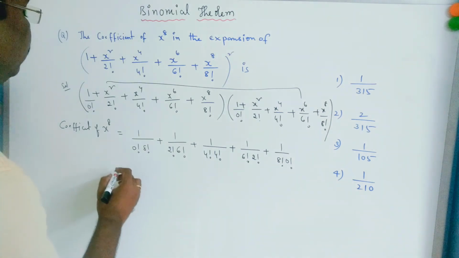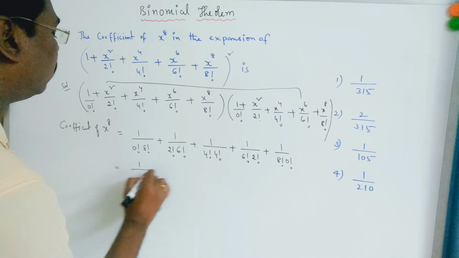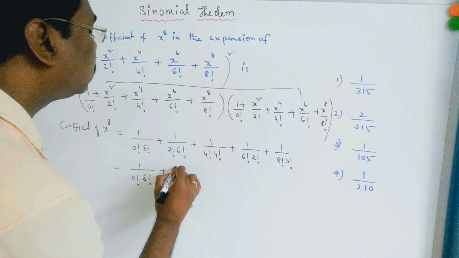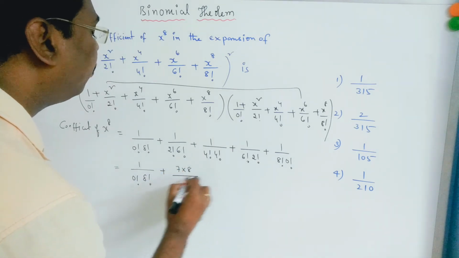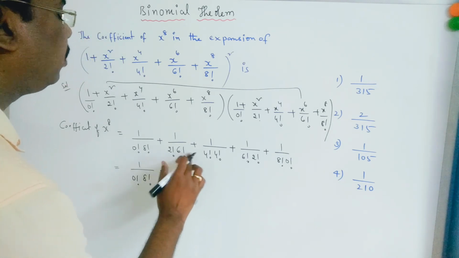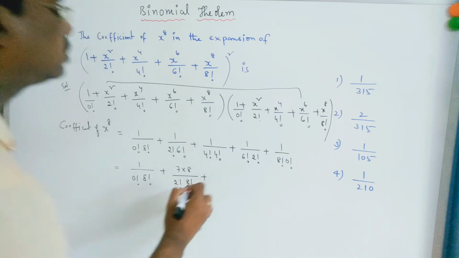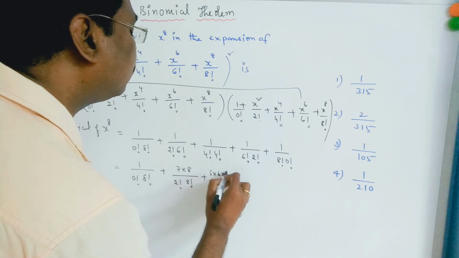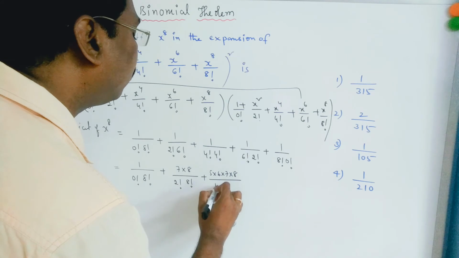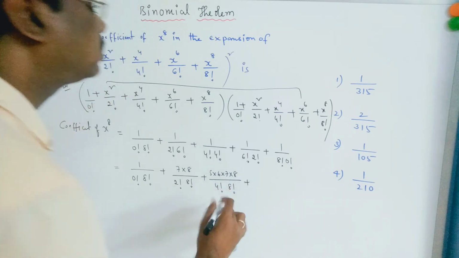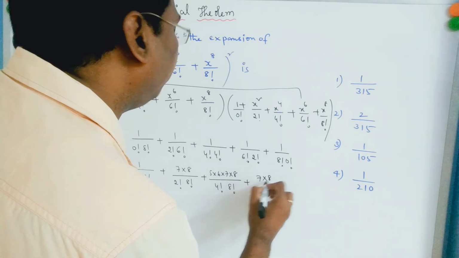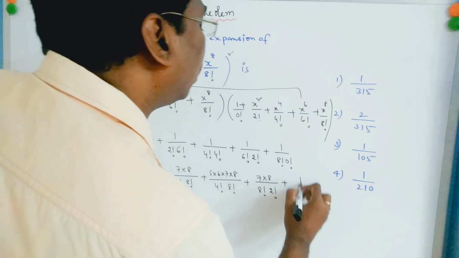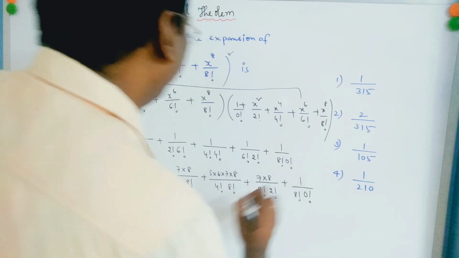Okay, now 1 by 0 factorial into 8 factorial plus, now here 7 into 8 by 2 factorial into 8 factorial plus, now 5 into 6 into 7 into 8 by 4 factorial into 8 factorial plus, now 7 into 8 by 8 factorial into 2 factorial plus 1 by 8 factorial into 0 factorial.